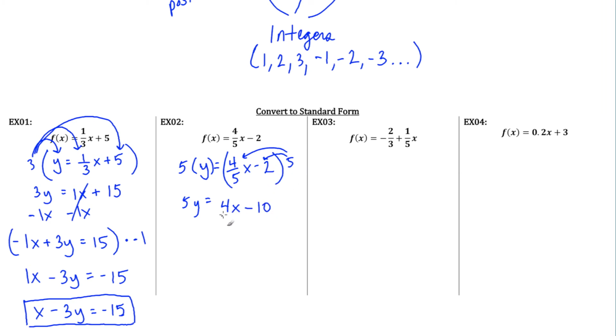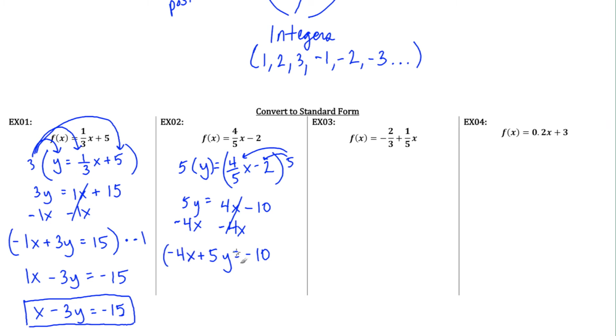Cool. So I'm going to move these x's to the left side with the y's. Minus 4x and minus 4x. And so I get -4x plus 5y equals -10. Remember that this A needs to be positive. This number right here, this coefficient, needs to be positive.